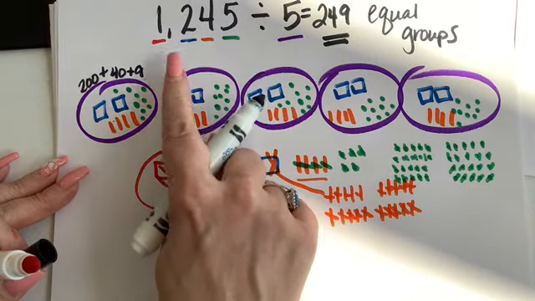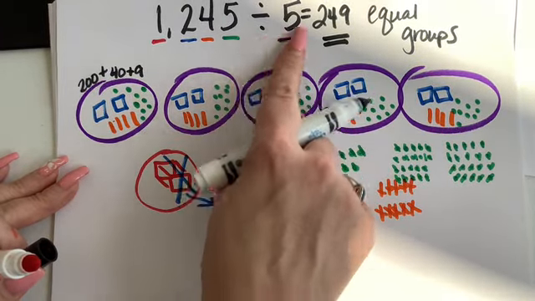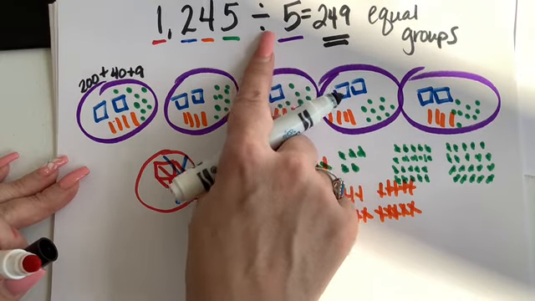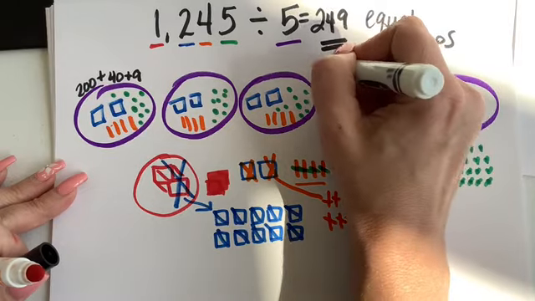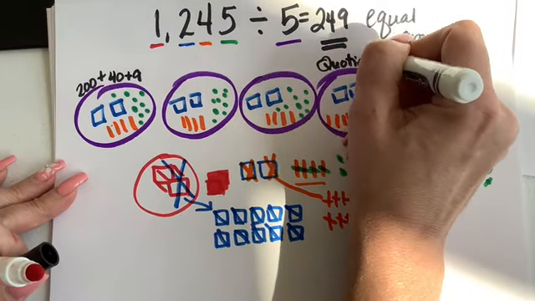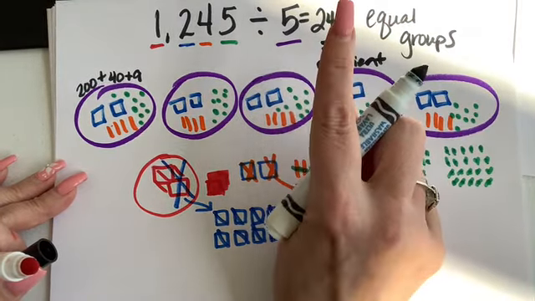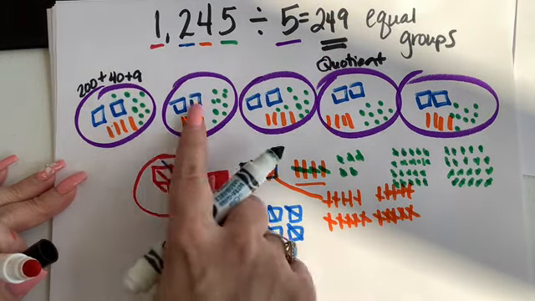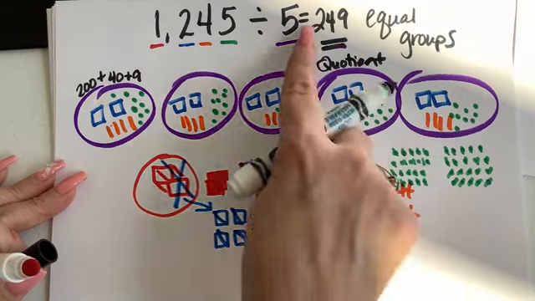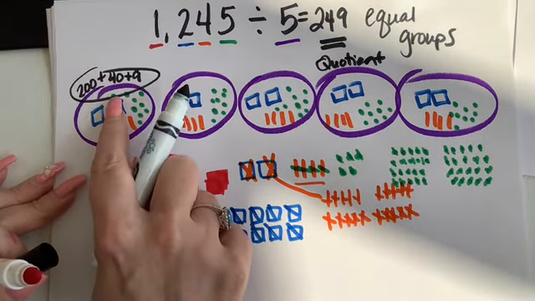So 1,245, when I share it equally or I divide by 5, I get a quotient, which is the answer to a division problem, of 249. So 1,245 divided into 5 equal groups is 249.